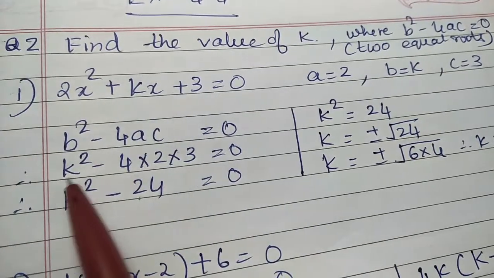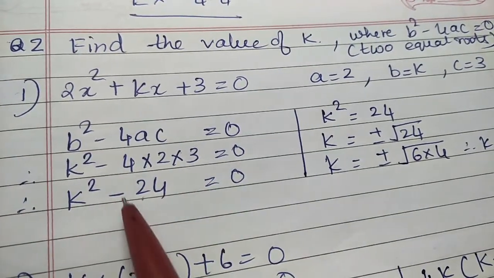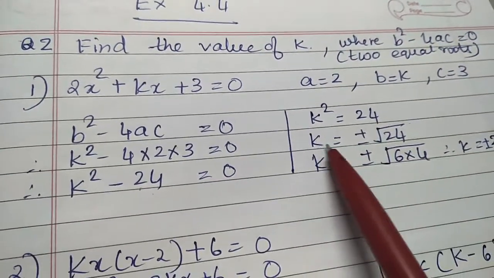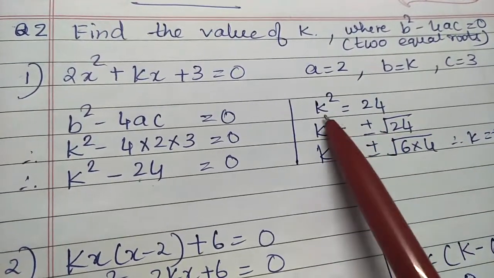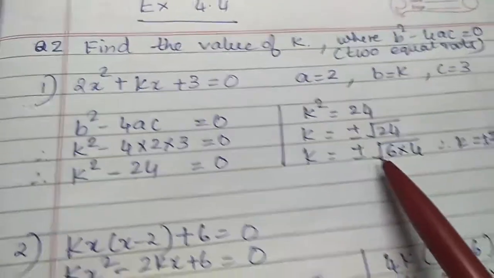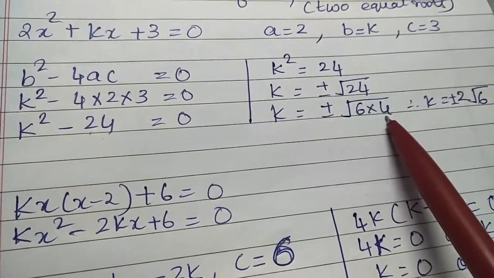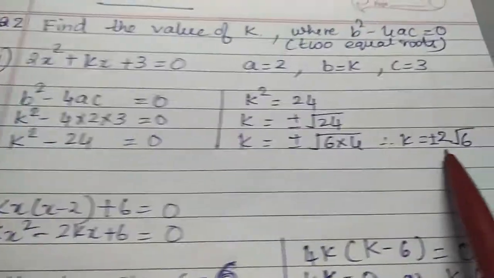Now b square minus 4ac will be k square minus 4 into 2 into 3, that is k square minus 24. So k square is equal to 24, so k will be plus or minus under root, because we don't know whether it is plus or minus, because it's a square. So we'll just factorize this 24 into 6 into 4. Now 4 under root will be 2, so k will be plus or minus 2 under root 6.